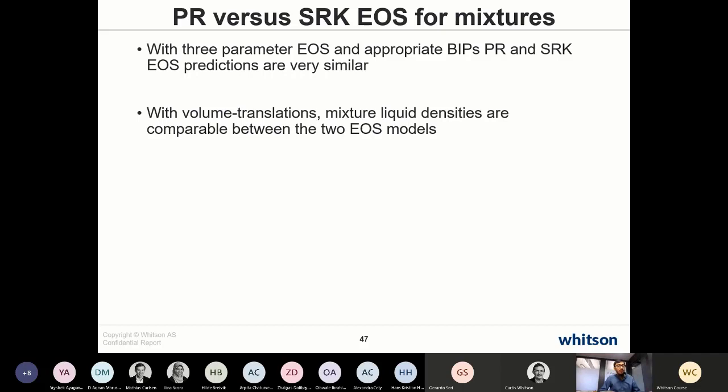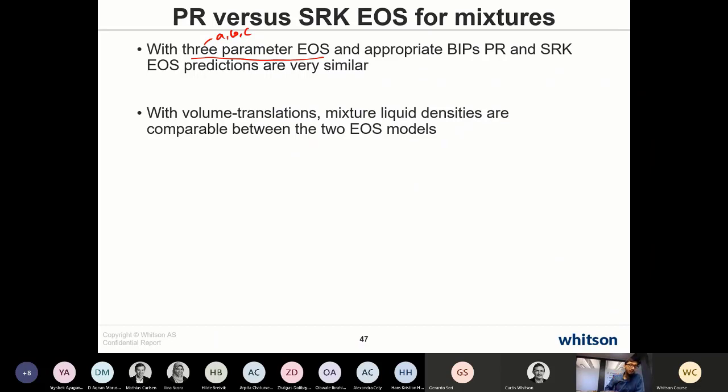Now we have already gone through this: if we have three parameters in the EOS model, including the volume shift, so A, B, and C, and if we have appropriate BIPs, we have found that you need slightly more positive BIPs in Peng-Robinson compared to SRK between C1 and C7 plus. You can get very good EOS predictions and very similar predictions between the two EOS models.